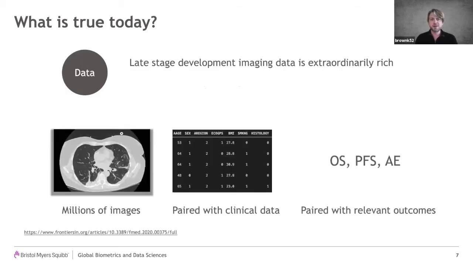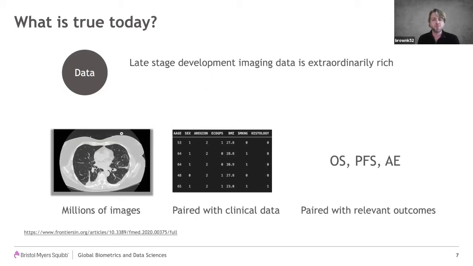So when we speak about computer vision in the pharmaceutical industry, we're not merely speaking about pixels or three-dimensional voxels. We're speaking about pairing it with clinical data, such as sex, how the patient is feeling on the particular day of the screening, body mass index, whether they have a history of smoking, various histopathology images that are also analyzed and curated.